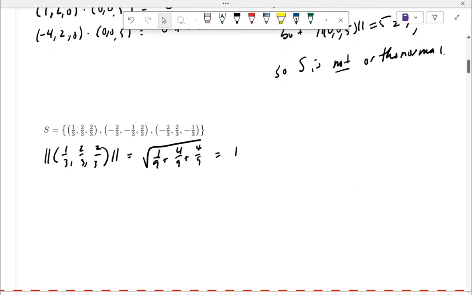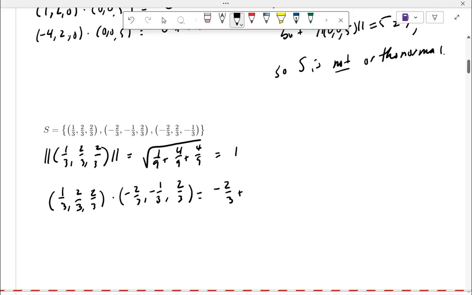I'm not going to go through all of the inner products, but if I do the first one, you would get -2/3 plus -2/3 plus 4/3, and I really do get 0.